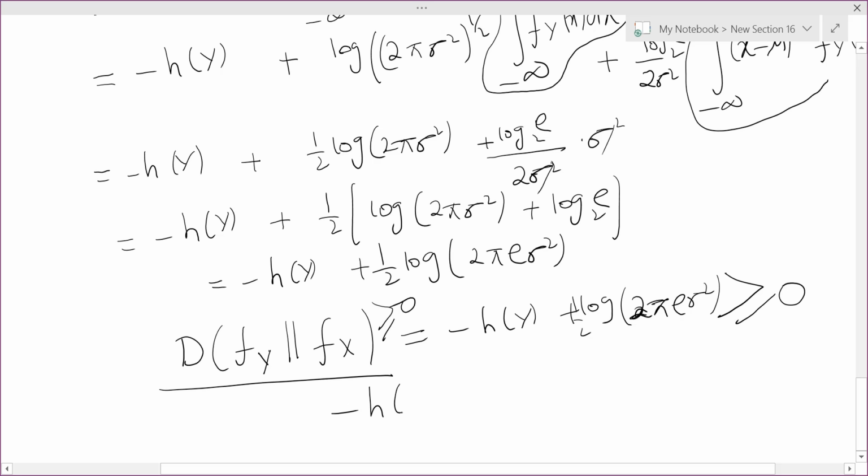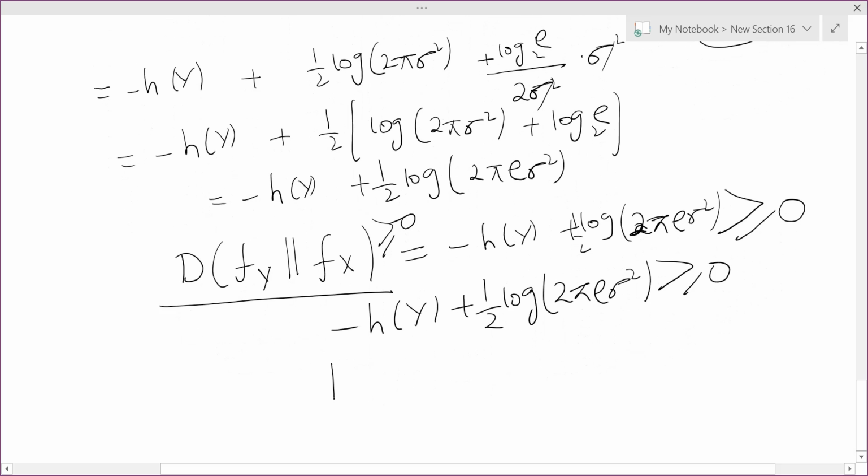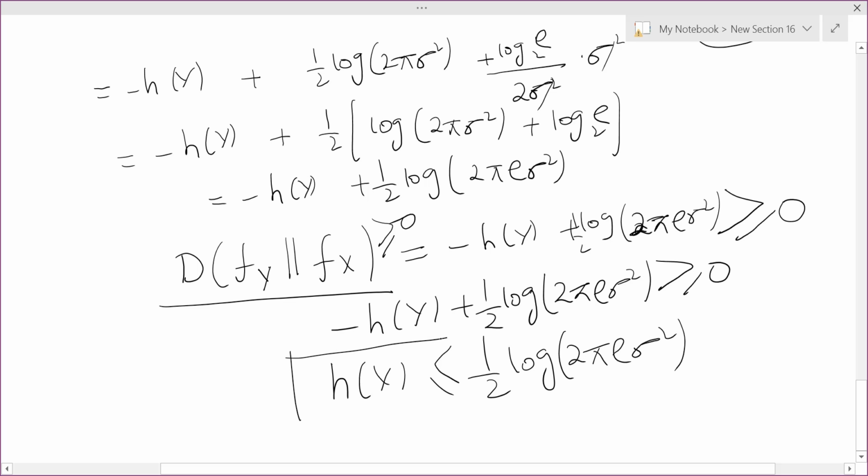So it means minus h of y plus half log 2 pi e sigma square is greater than or equal to 0. That is, h of y is less than or equal to half log of 2 pi e sigma square.